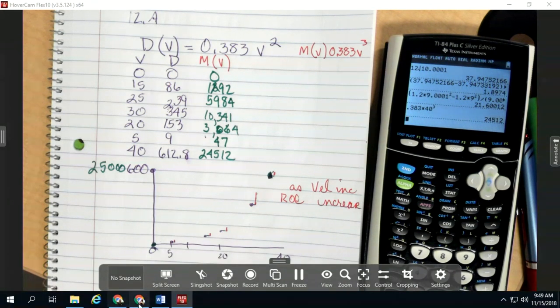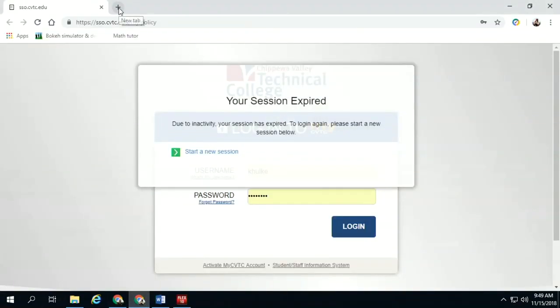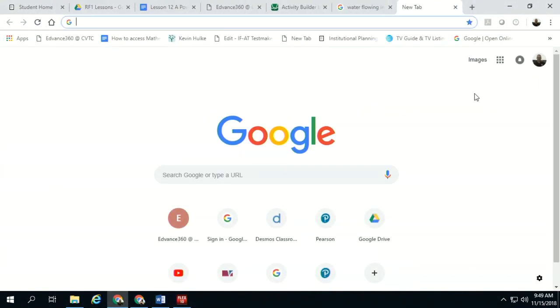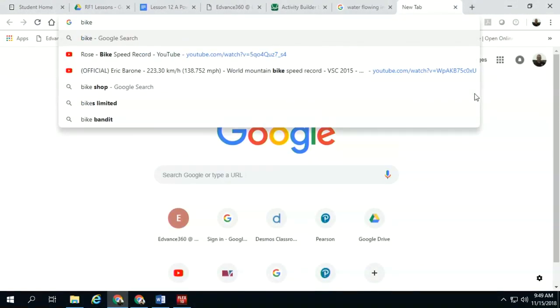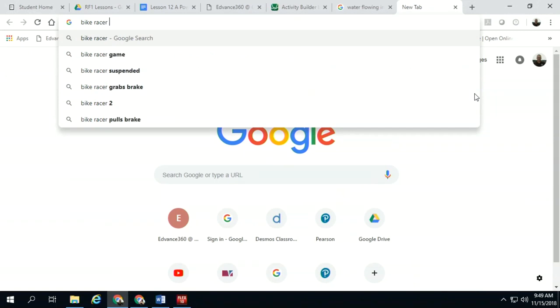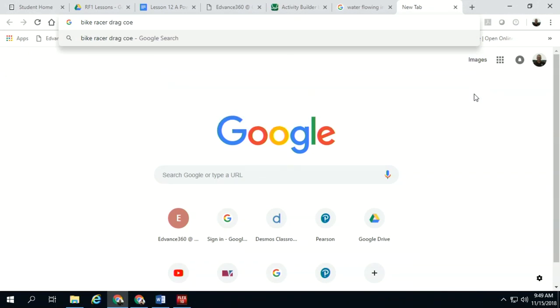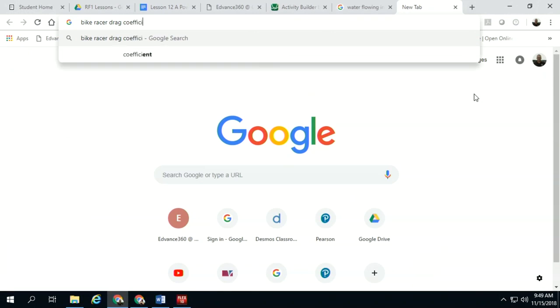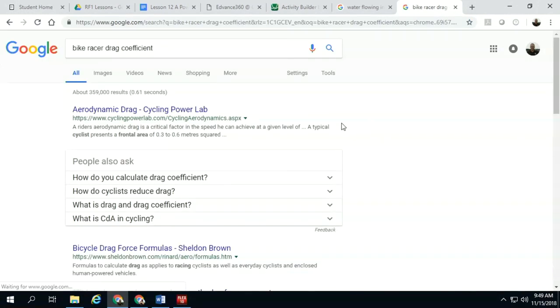We could look it up. Oh, let's see here. Bike racer drag coefficient. Let's see.